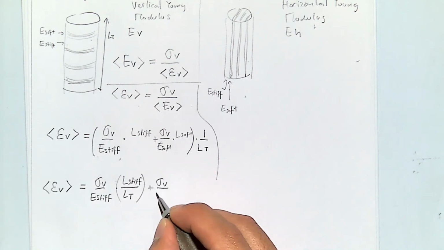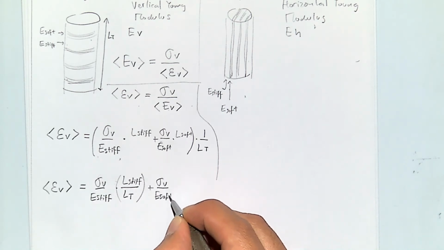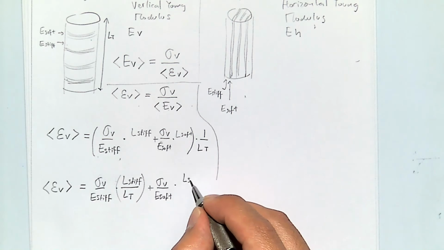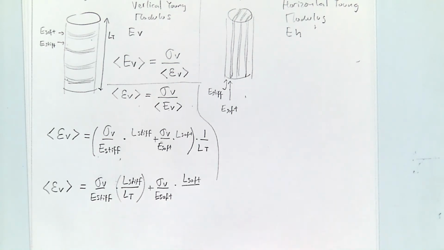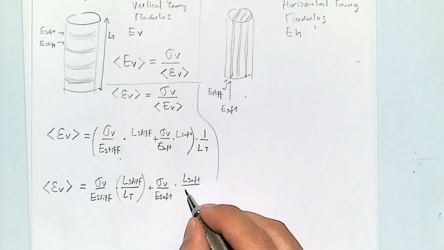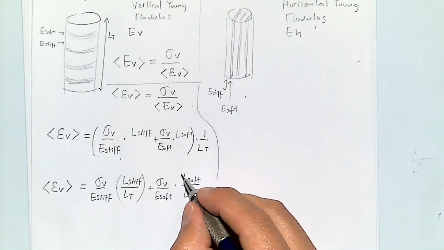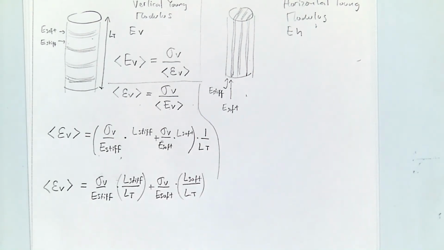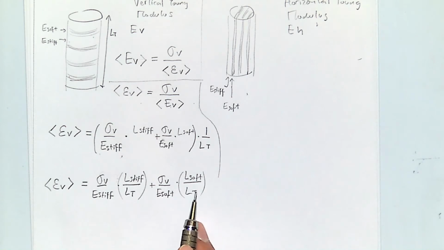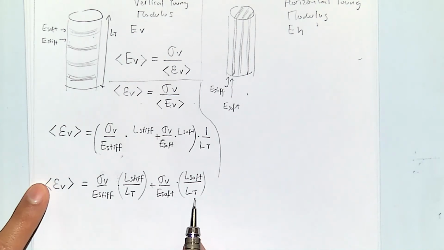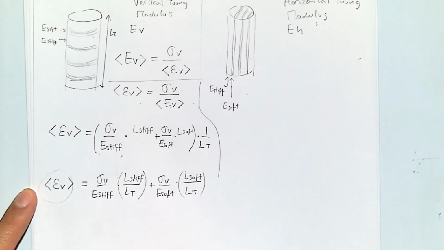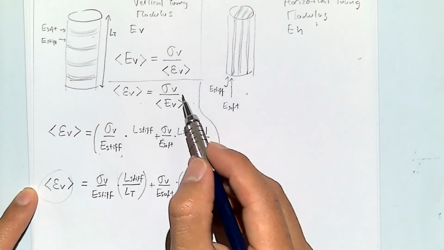And the same as this one, the total length of the soft layers divided the total length is going to be the volume fraction of the soft components.